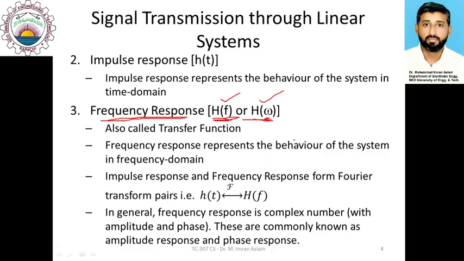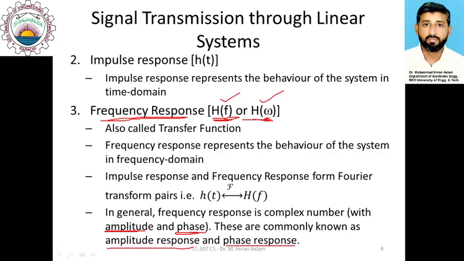So whenever we calculate the frequency response of any system, it will be a complex number, and we know that each complex number has two important characteristics, which are amplitude and phase. So the system behavior should be represented by two important sides, amplitude and phase, and they are separately known as the amplitude response and the phase response.